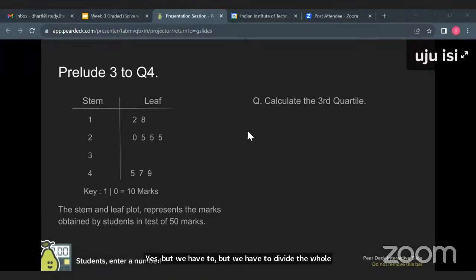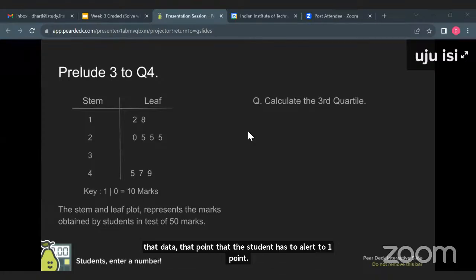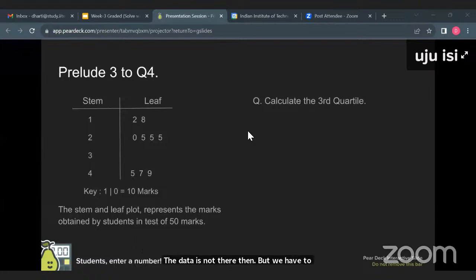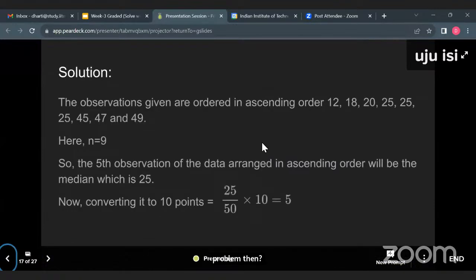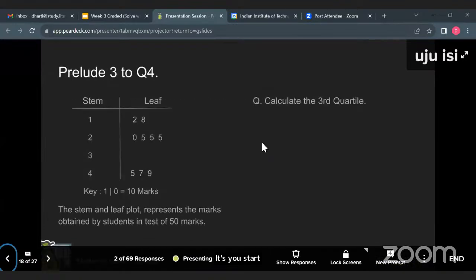If data falls into that value, then we allot 1 point to that mark. If data is not there, we still have to create the bin. Otherwise, if you start forming bins after 12 only, it will not be equidistant and further calculation will be affected.